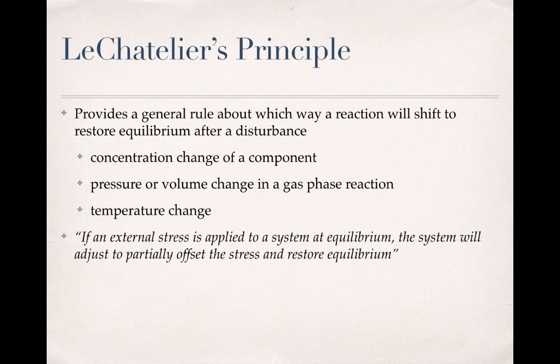So if we state Le Chatelier's principle in a very simple manner, we just say that if an external stress is applied to a system that's at equilibrium, the system will adjust or shift to partially offset that stress and restore equilibrium.